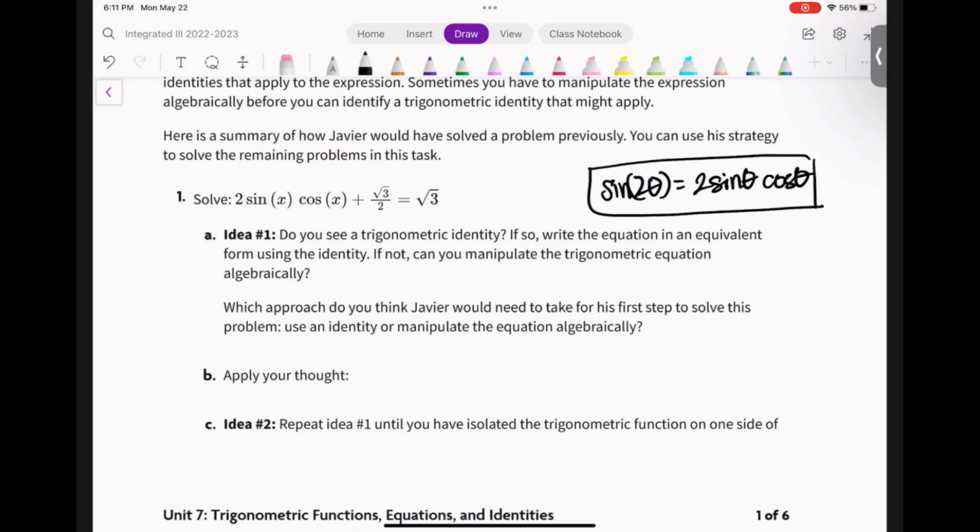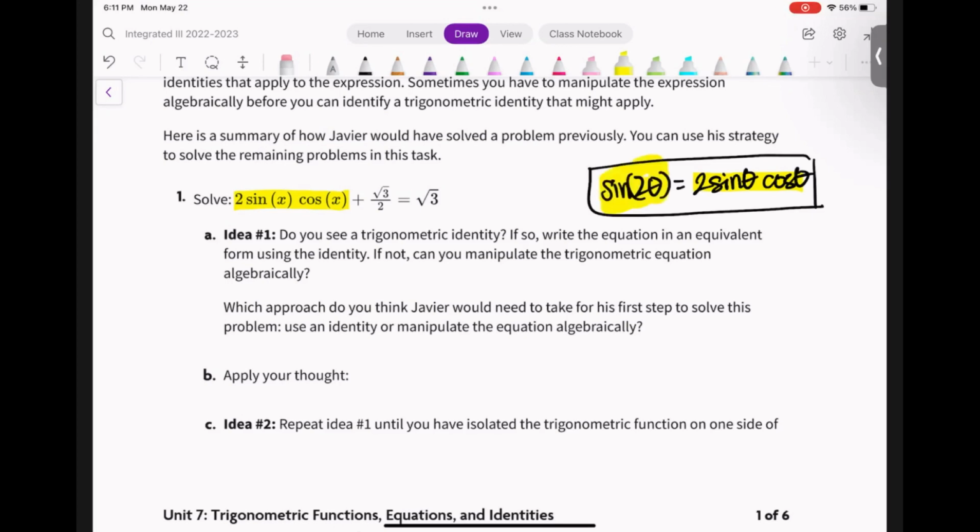And the reason why we're going to use it is because I see part of it in my equation. Specifically, I see this part right here. So in a little bit, you'll see me substitute the other side in so that it can go in there instead.